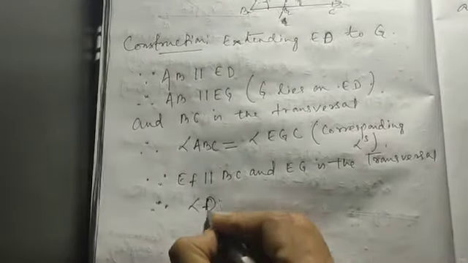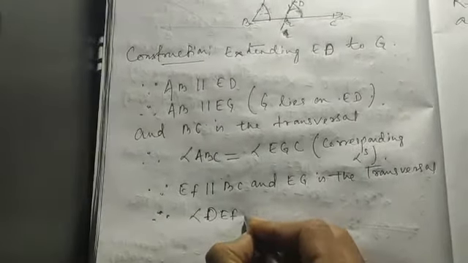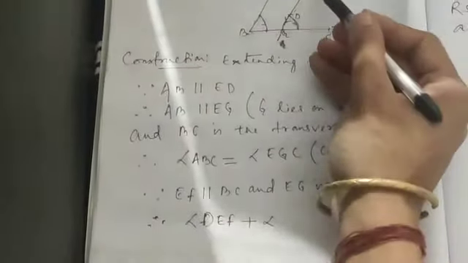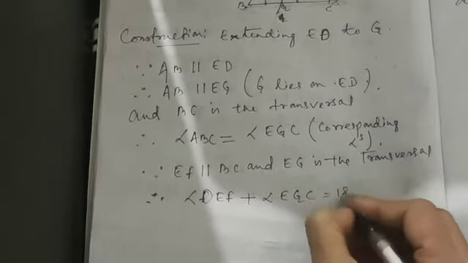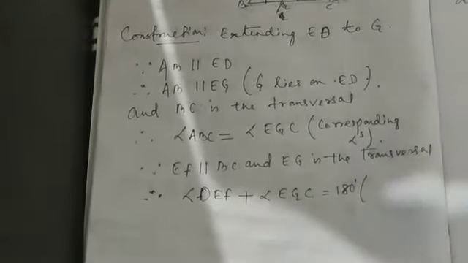So let us write down: angle DEF plus angle EGC is equal to 180 degrees. Why?